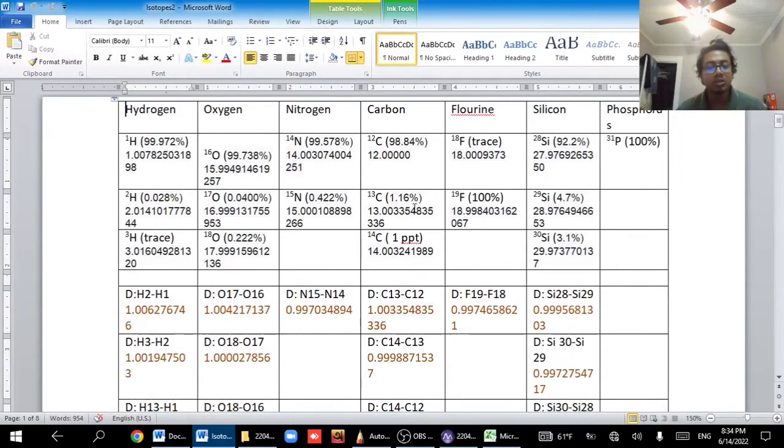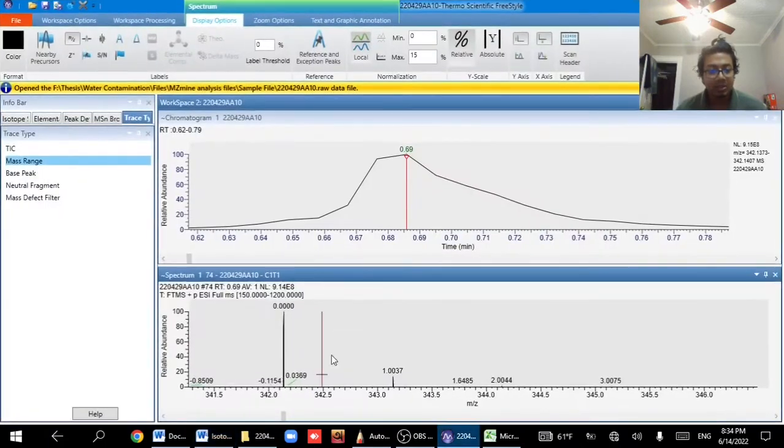If you calculate 13.6 divided by 1.16, it comes to about 13. So I can assume there are 13 carbons.